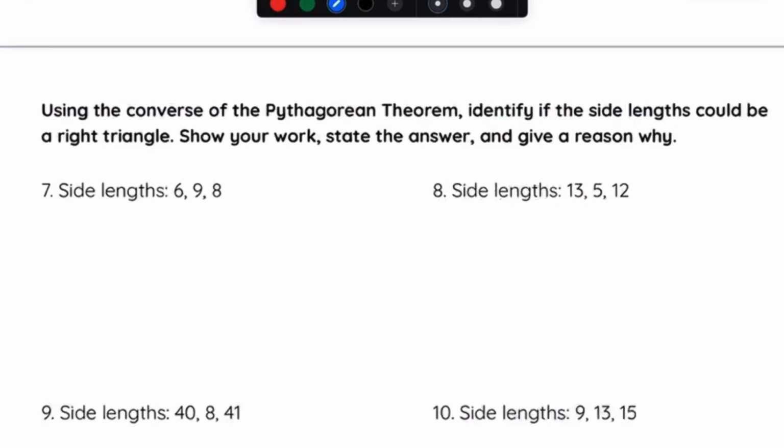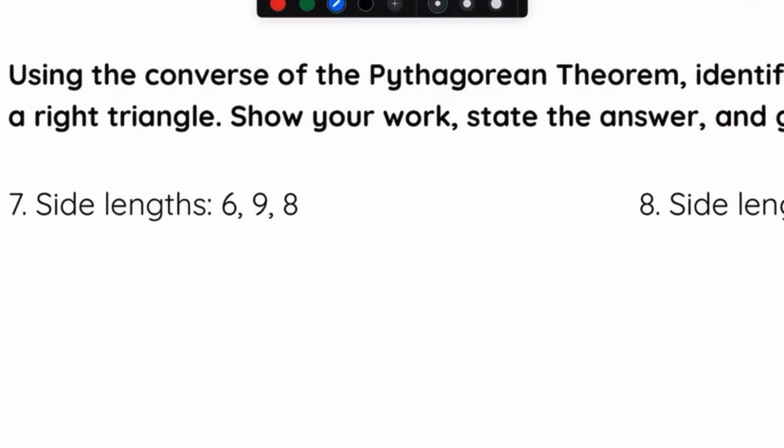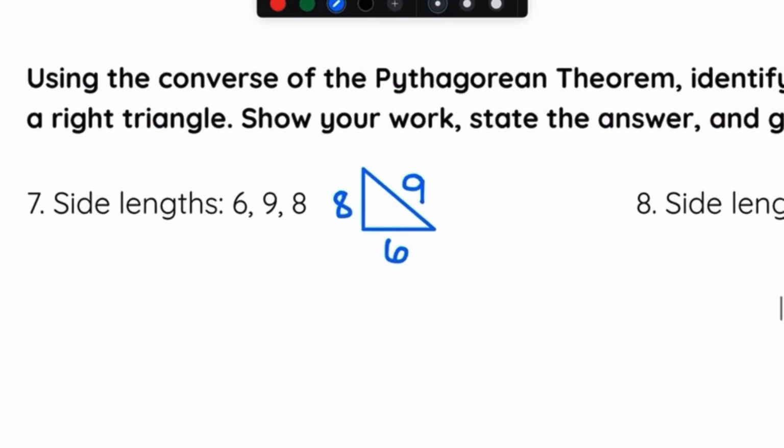And so when we have the converse, you can do this one of two ways. I know some people liked to draw like a triangle figure, and have like your 6, 8, and your 9. Remember that your 9 would have to be across from the right angle if it is a right triangle. You also don't have to do that.